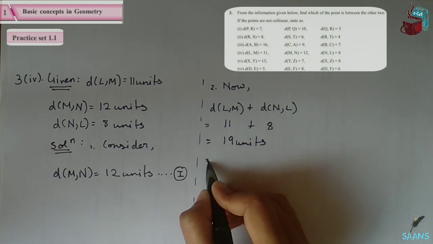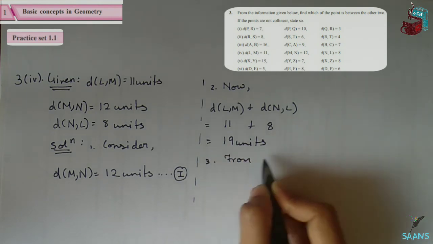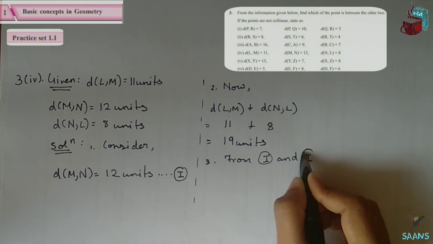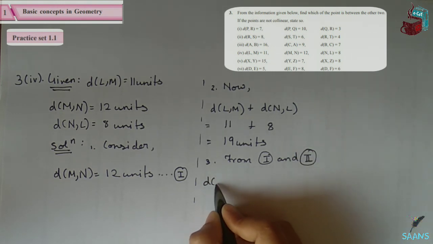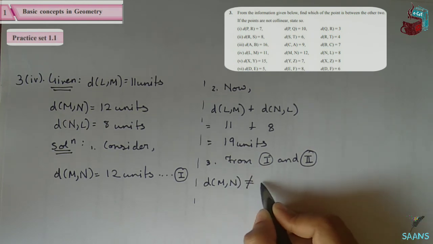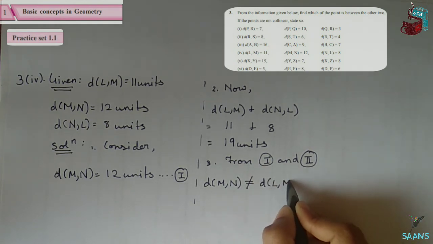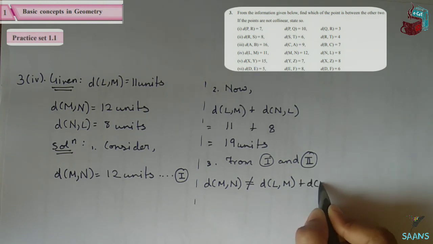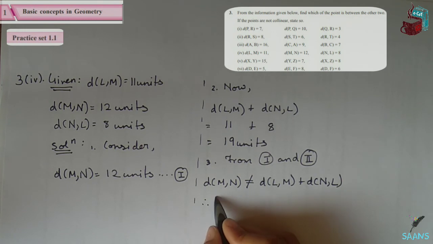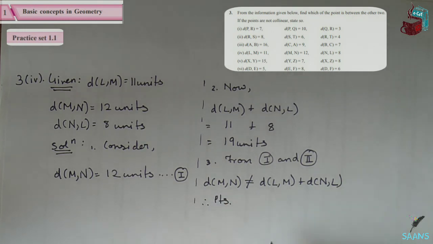So what happens? From 1 and 2, distance M comma N is not equal to distance L comma M plus distance N comma L. They are not equal.